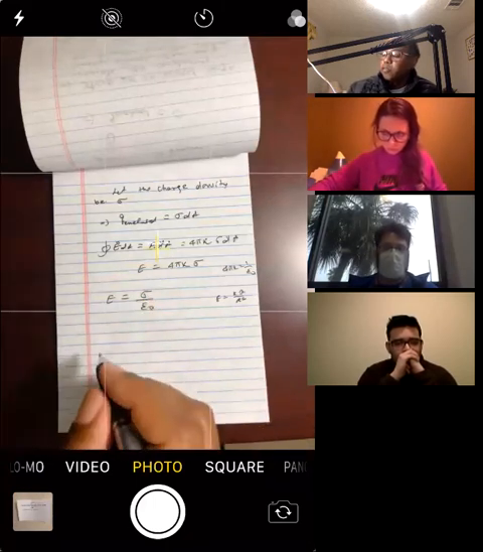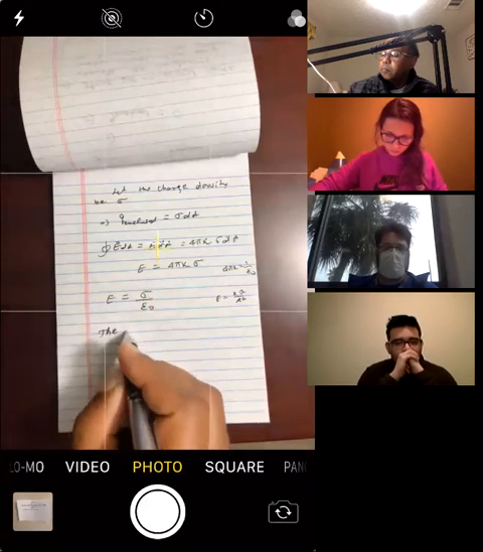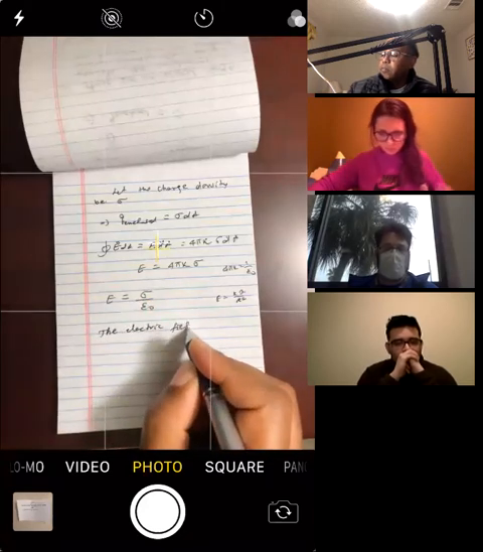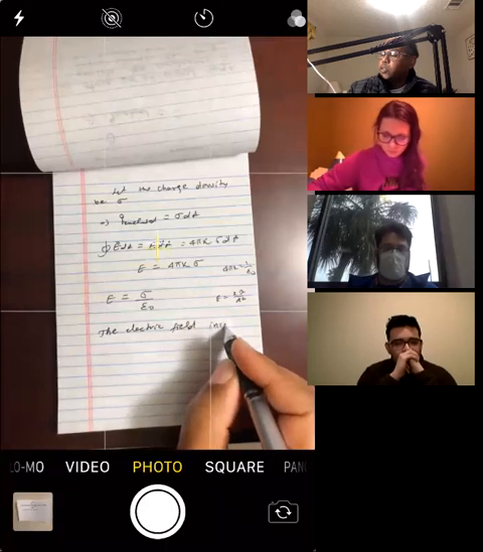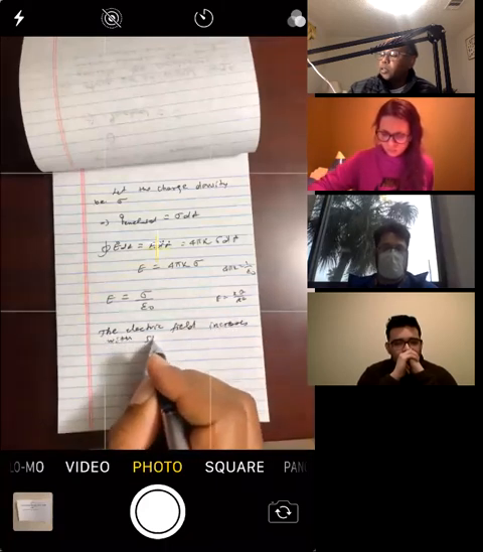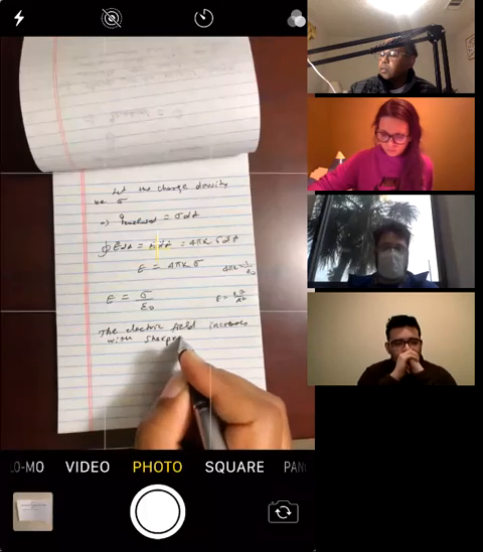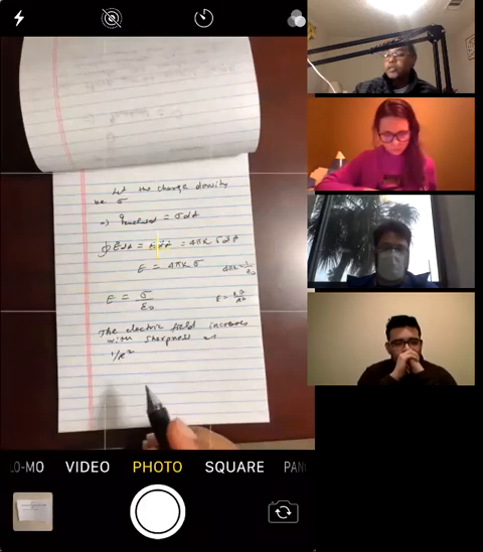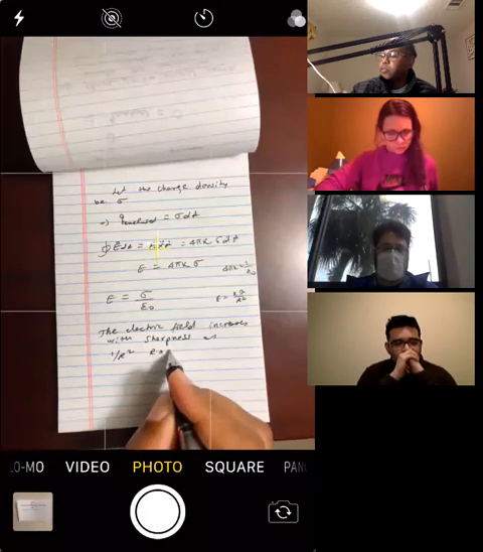So the electric field increases with the sharpness of the surface, as 1 over r squared, where r is the radius of curvature.